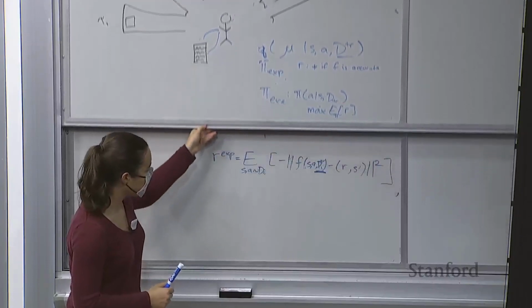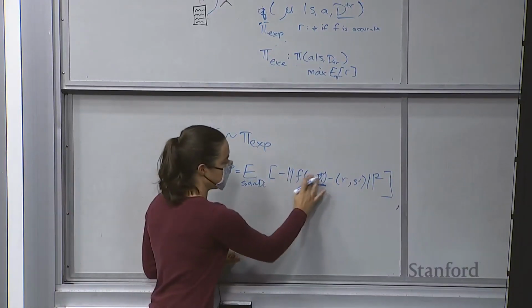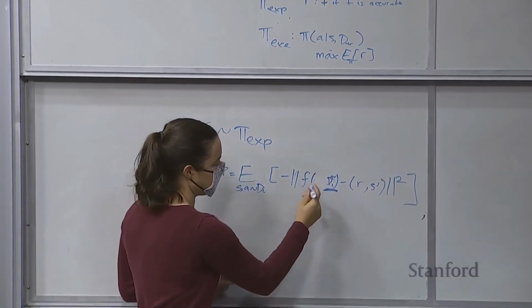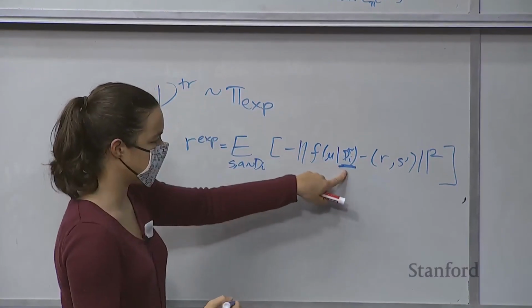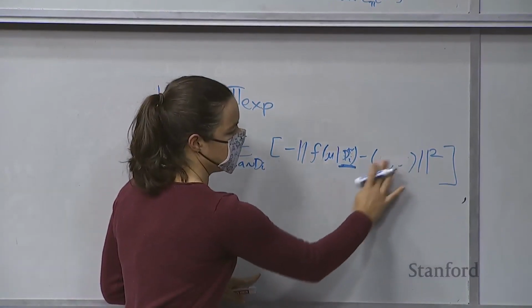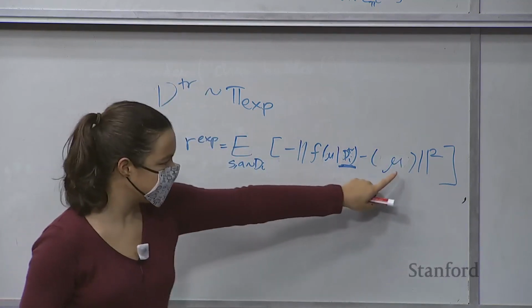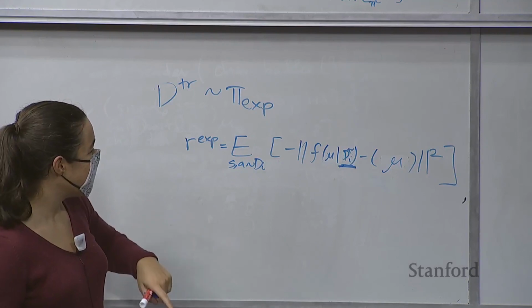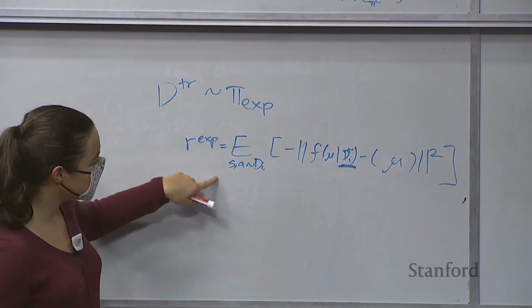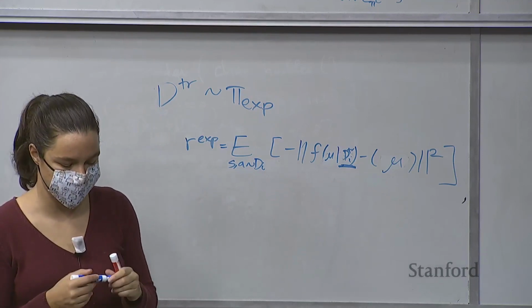Going back to our objective, this will now be trying to predict just the task identifier from your training data, compared to the true task identifier. And the reward for your exploration policy will be how well it's able to predict the task identifier.